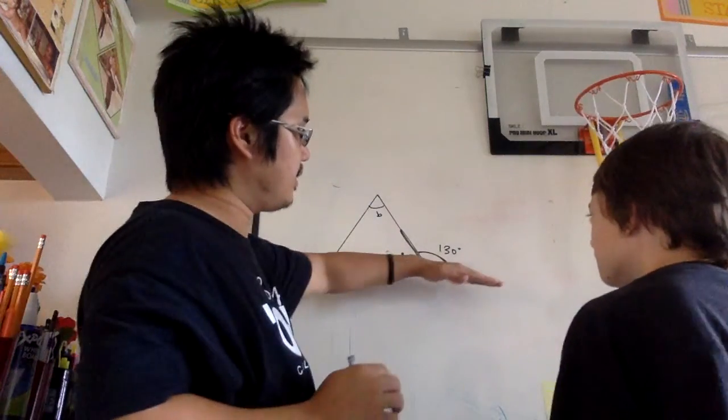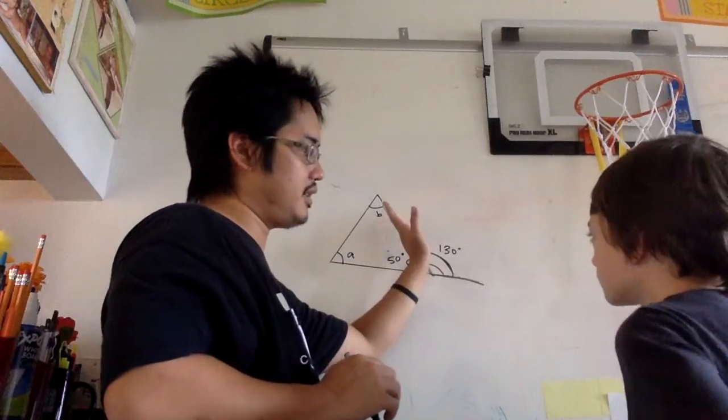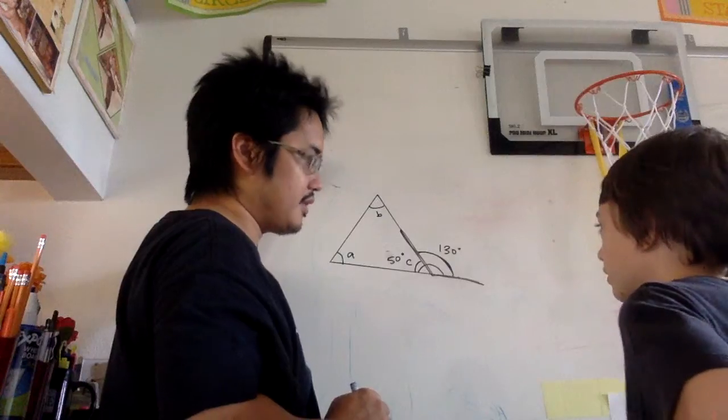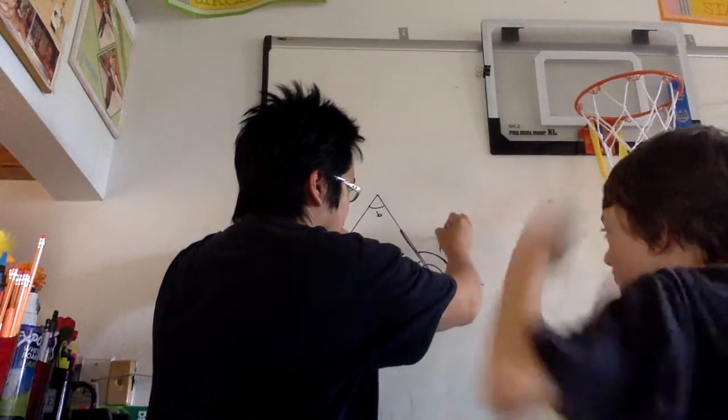Well, think about it. If this is 180 degrees and this is 50, then the rest of it is what? 130. Or A plus B.